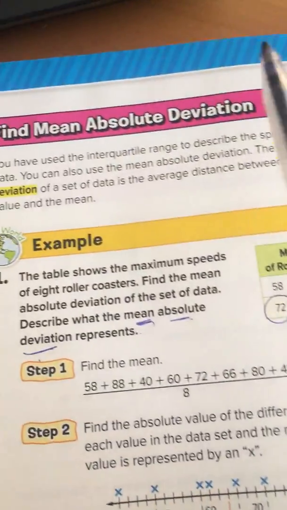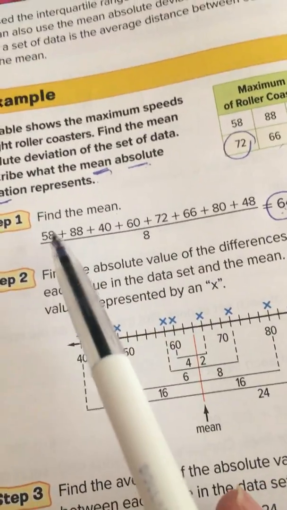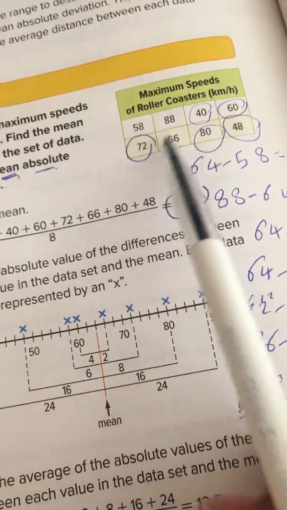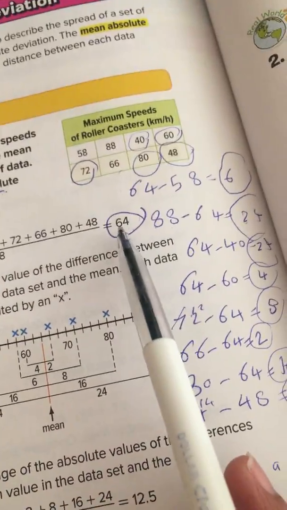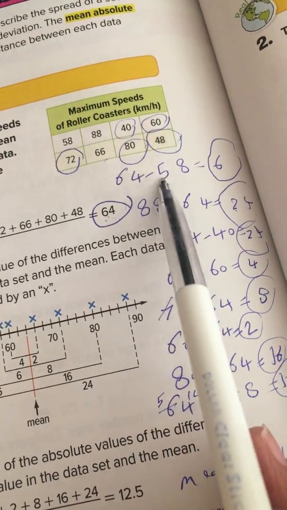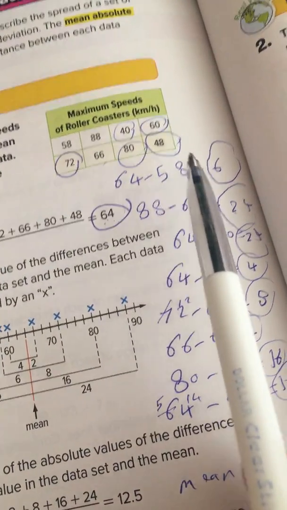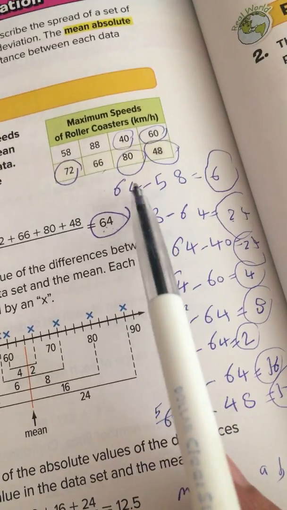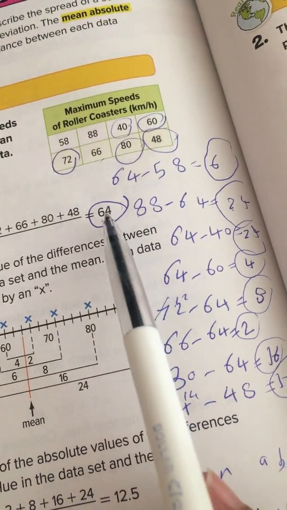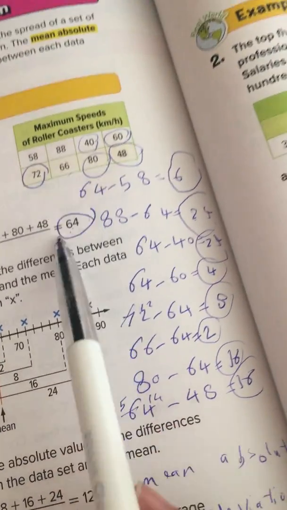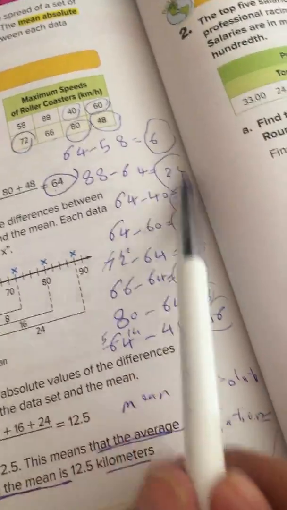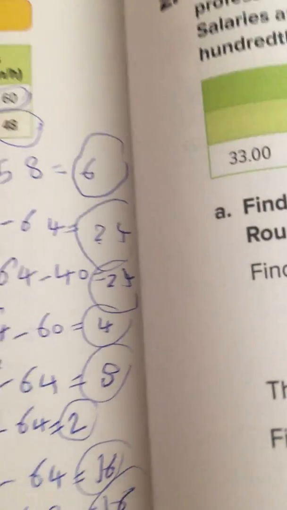So to find the mean absolute deviation, first find the mean: add and divide for the data. Then subtract each number from 64, big number minus small number. I don't want negative numbers. Which one is bigger? 64 minus 58, 88 minus 64, 64 minus 40. Add the results and divide by 8. This is called the mean absolute deviation.